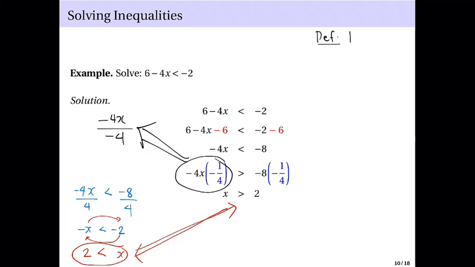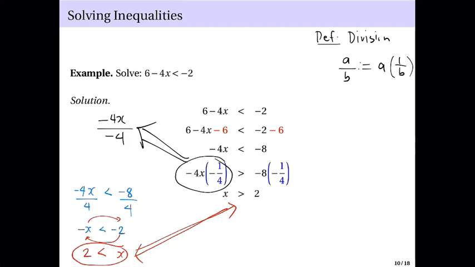A over B is defined as A times 1 over B. So multiplying by the reciprocal is just dividing by the actual number.